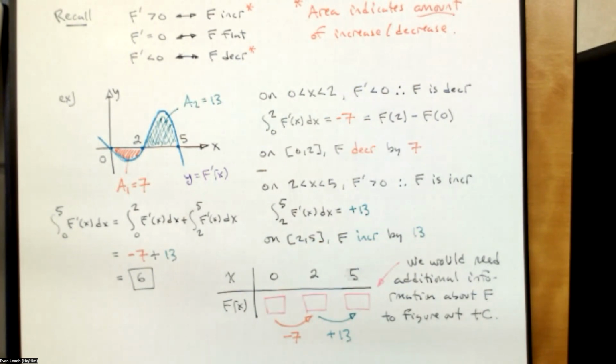So if, for example, I told you that capital F of 0 is 4.